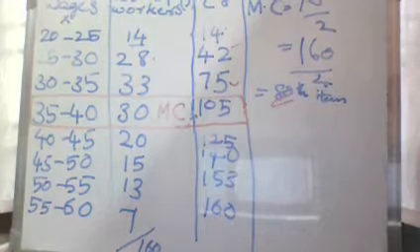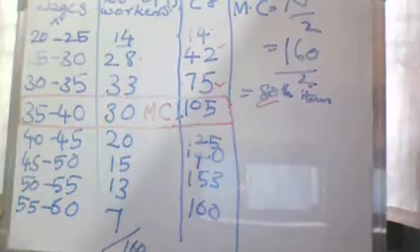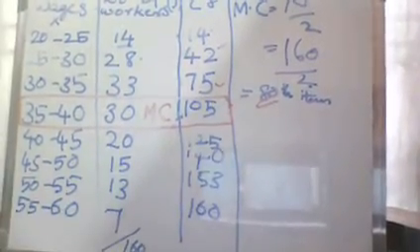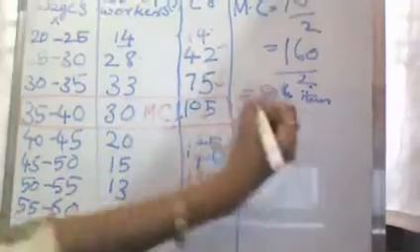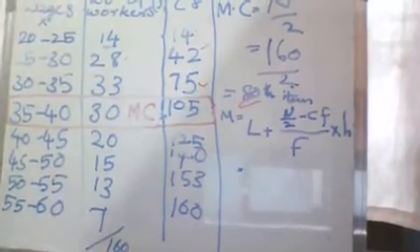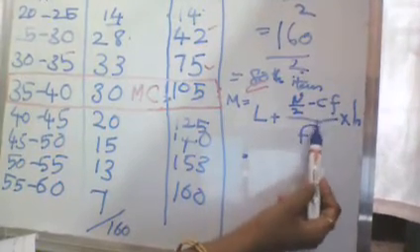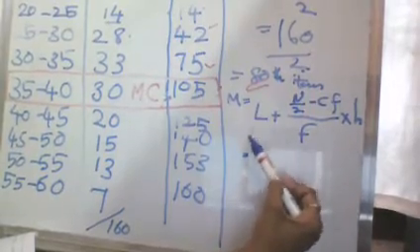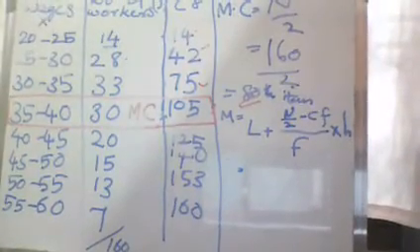Now we can apply the equation. The equation is L plus n by 2 minus CF divided by F into H. Here we need to find L. L is the lower limit of this class.